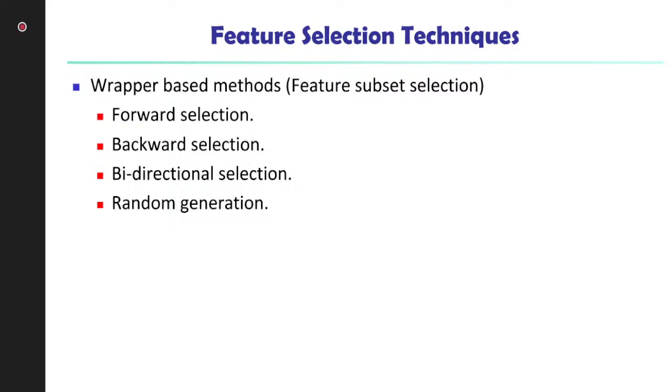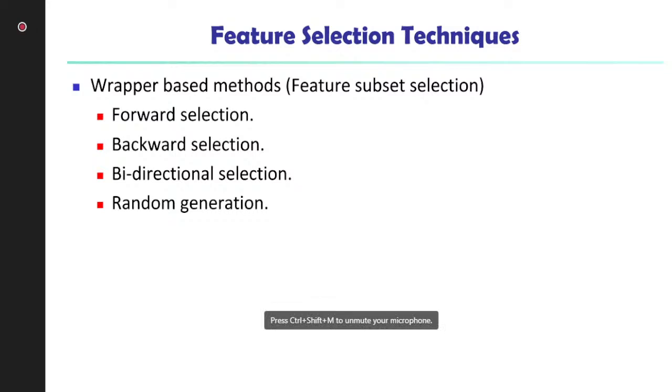We record it. Then we select another feature, and we supply feature 1 and feature 2 both together to the algorithm and see, when we add feature 2 to the algorithm, whether its performance is improving or not.